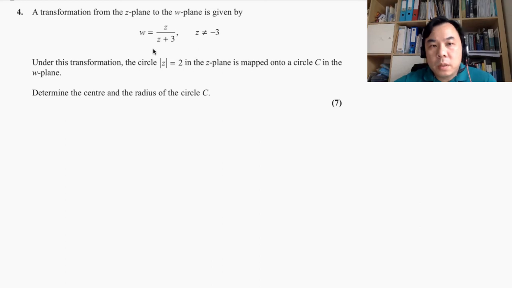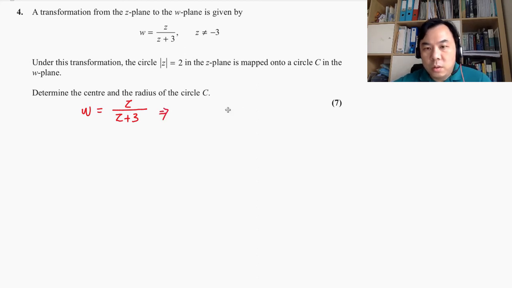Now the first step is to rearrange these complex equations so that z will become the subject. Here you have w. From here you're going to rearrange that. I can rearrange it this way, horizontally over, it will be easier.